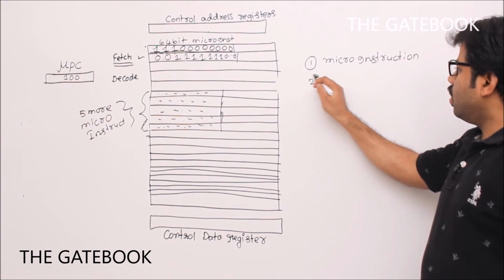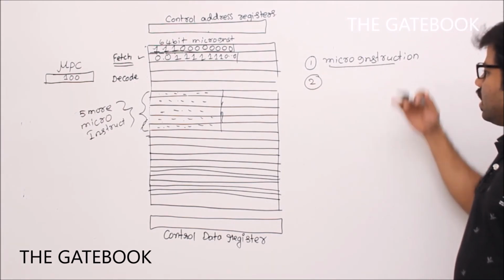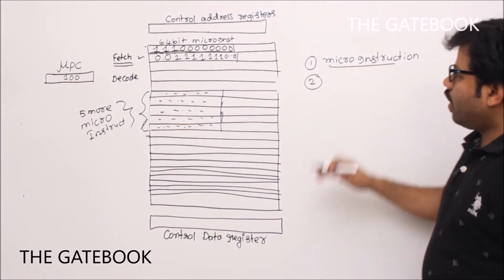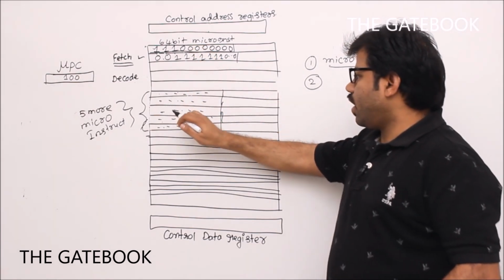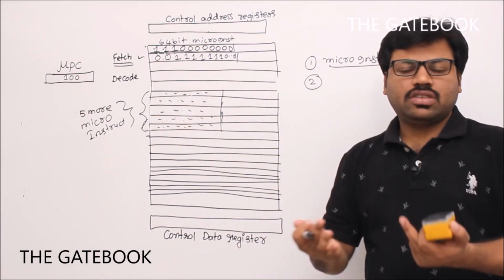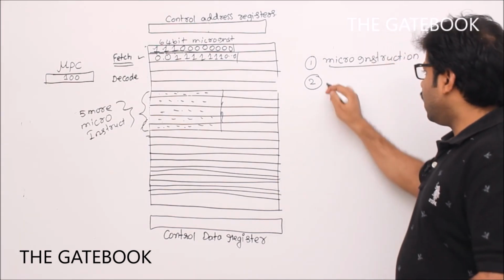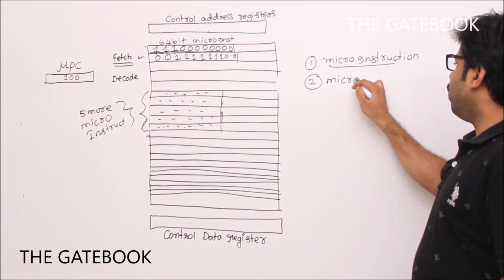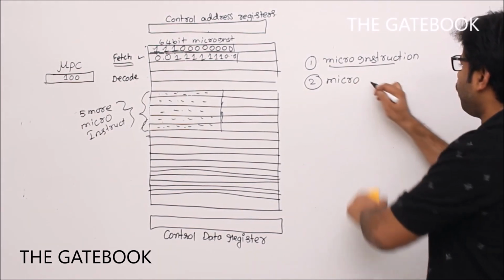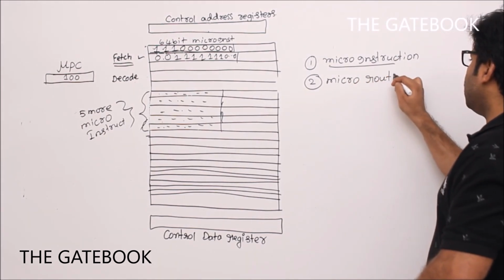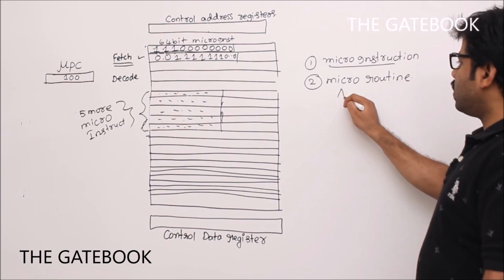Second, the set of micro instructions, if you gather, like this 1, 2, 3, 4, 5, 6, 7, which forms all the control signals required to execute one instruction, that is called a micro program, or micro routine. So this is the micro routine for the add instruction.